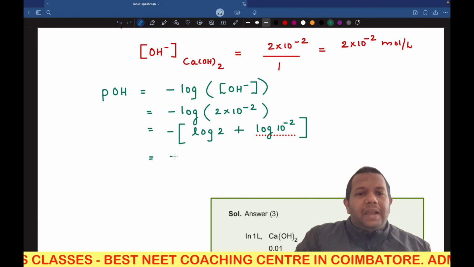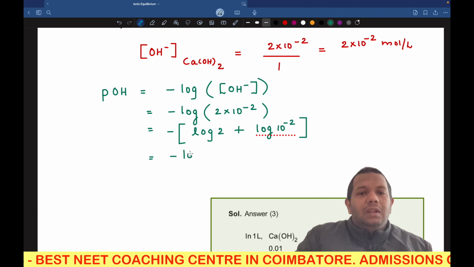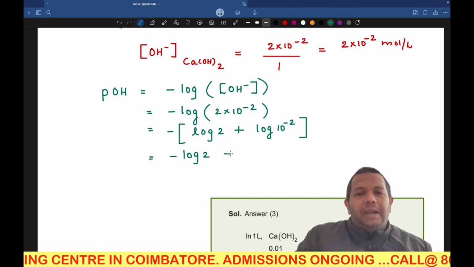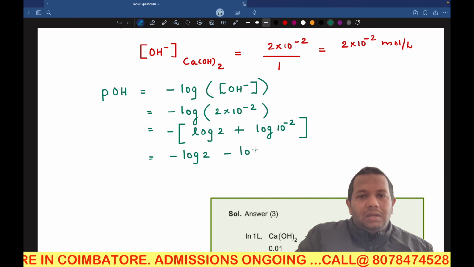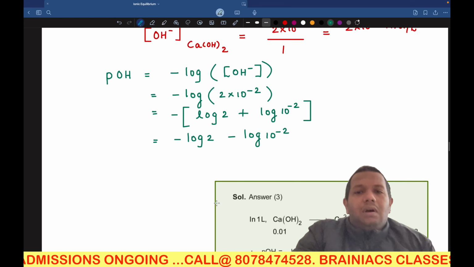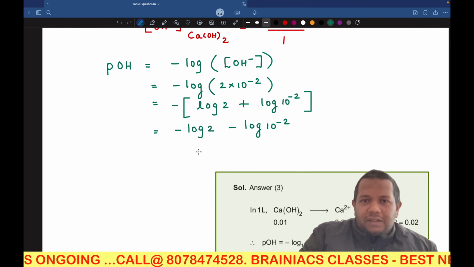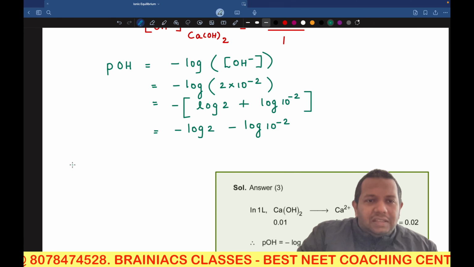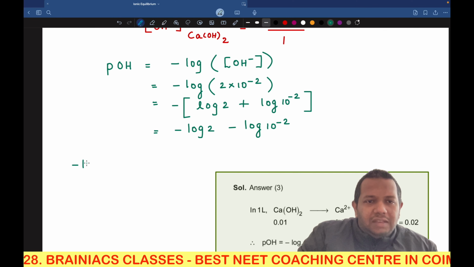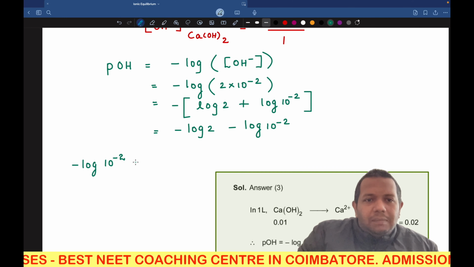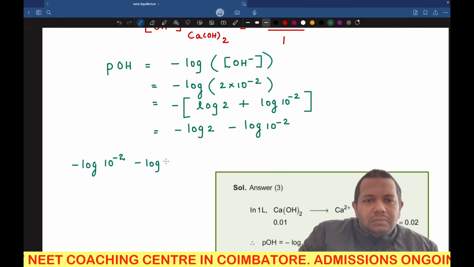It will become minus log 2, and multiplying the minus here, this will become minus log 10 power minus 2. So how can you expand it, sir? Minus log 10 power minus 2, here minus of log 2.